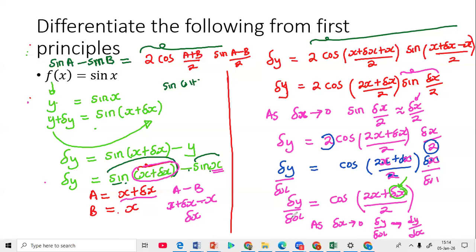Where you have delta y out of delta x, it will become dy dx. So our answer is dy dx equaling cos of x, because here you'll have 2x out of 2 and 2x out of 2, the 2 will cancel, you remain with x. So our conclusion here would be that our dy dx is equal to 2 cos of x.